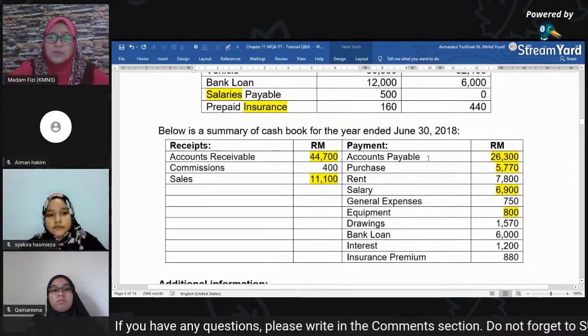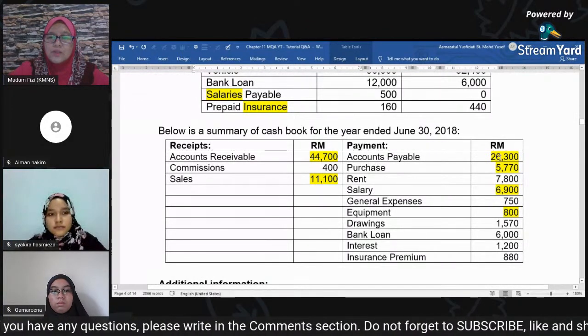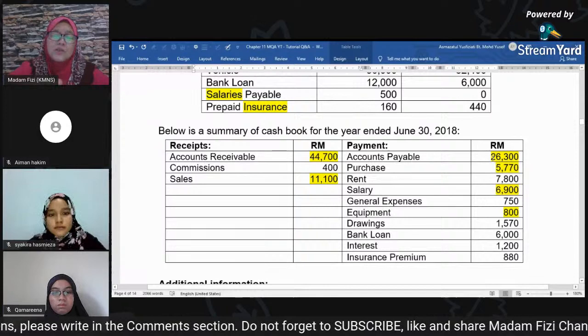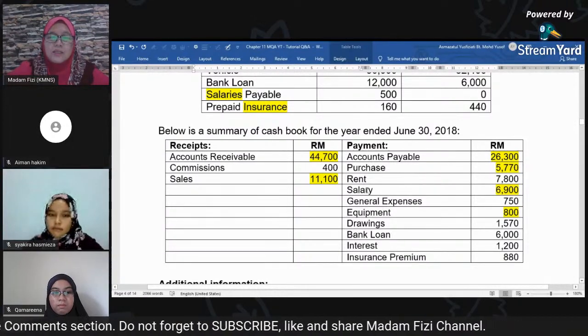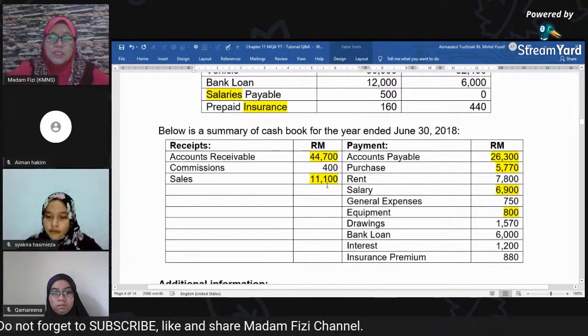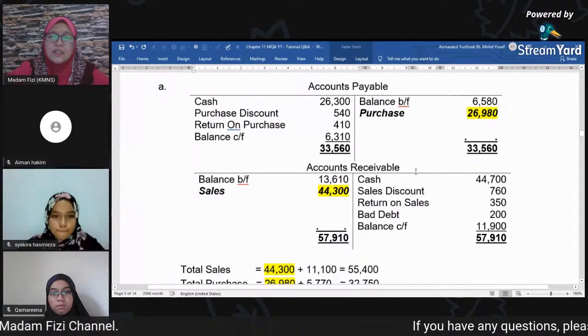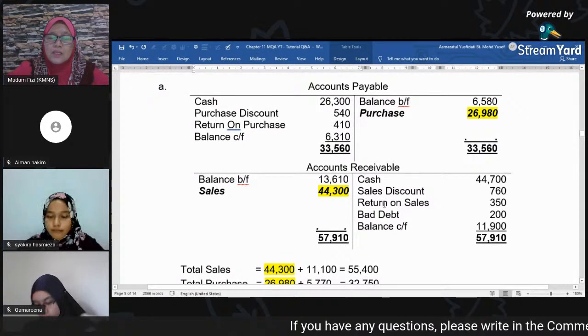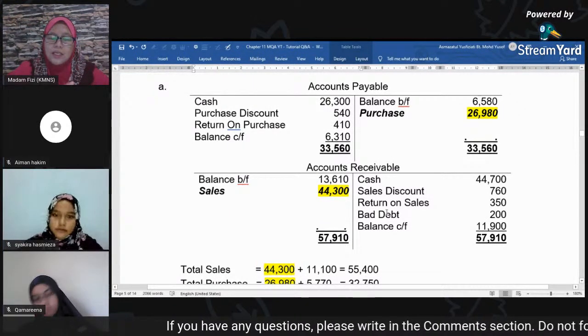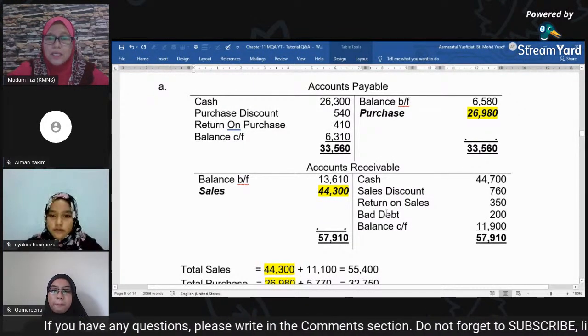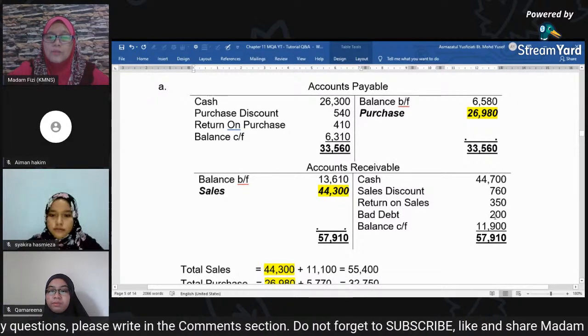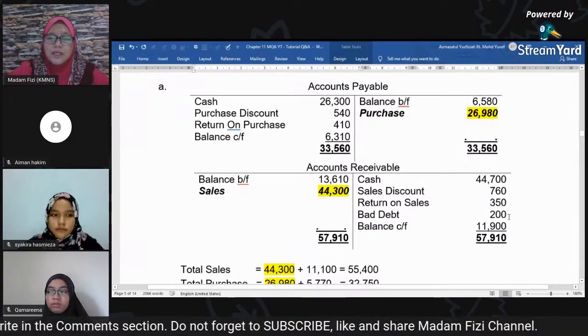Okay, and accounts payable I highlight 26,300. This one is we pay cash. So for accounts receivable is 44,700 cash. Okay, and then just now the additional information has bad debt. So you put bad debt at the credit side.